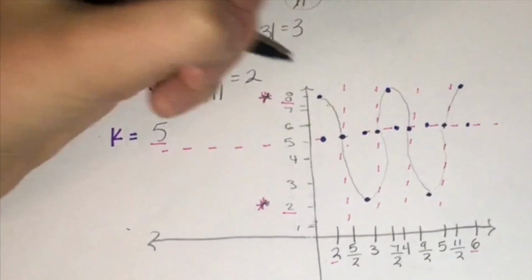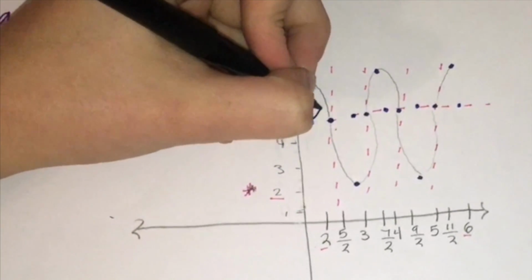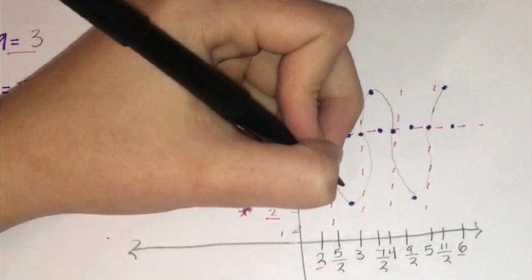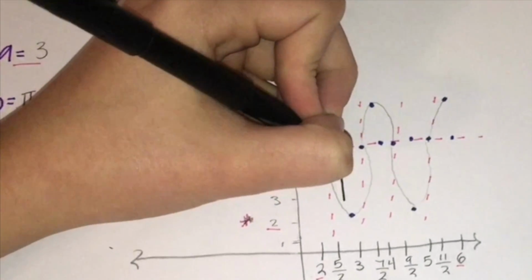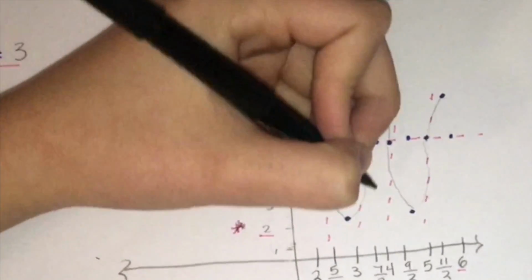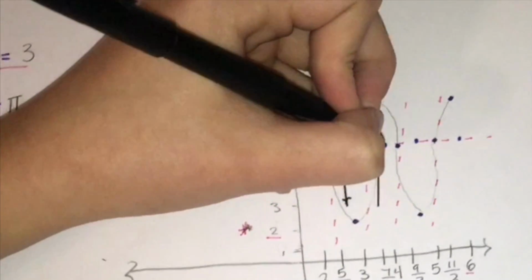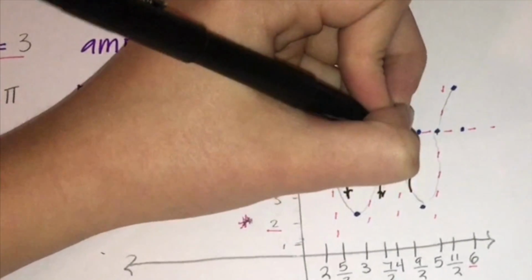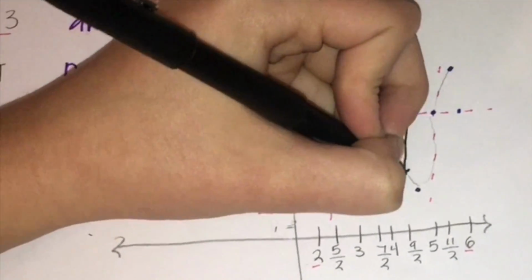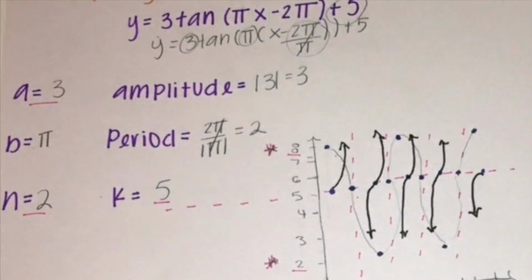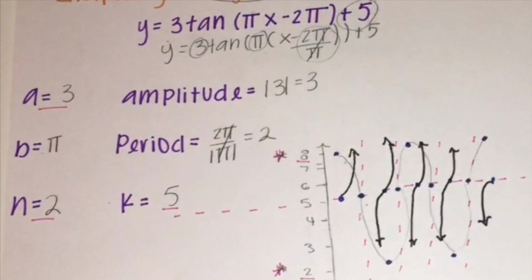That gives us our curve direction. It's going to go close to the asymptote, hit a point of inflection, and go towards the other one. We're going to do that for all of these that are in between. And then this one is just going to extend down like that. All right, so that is our graph for tangent.